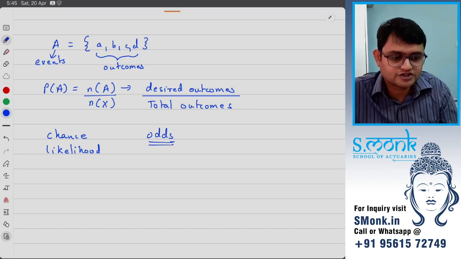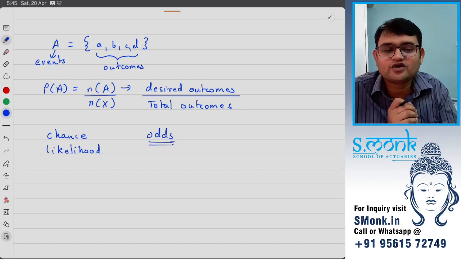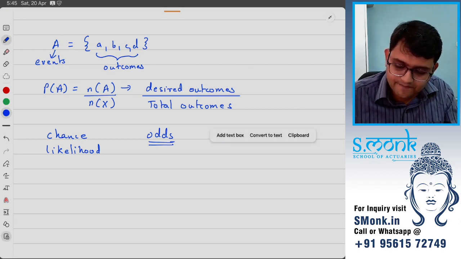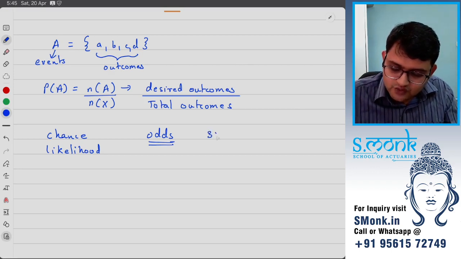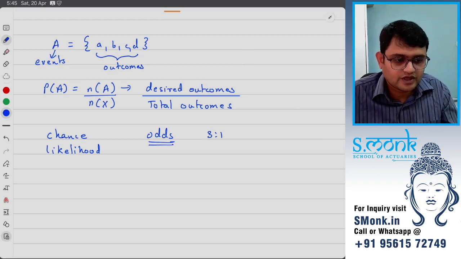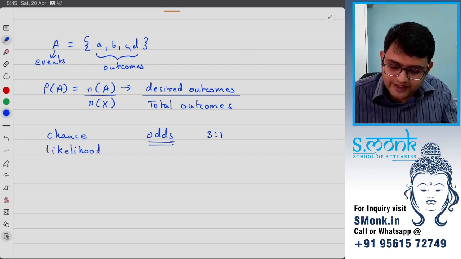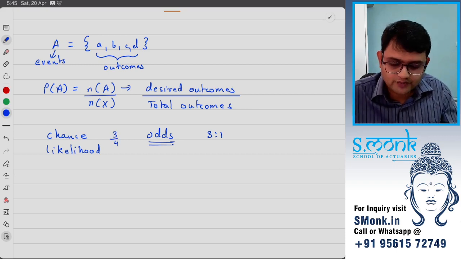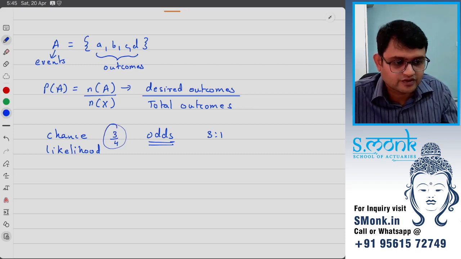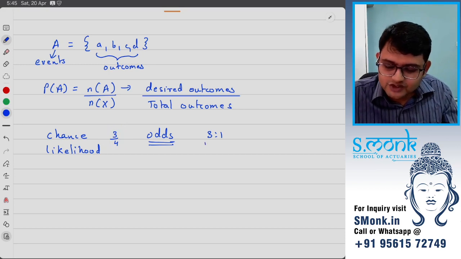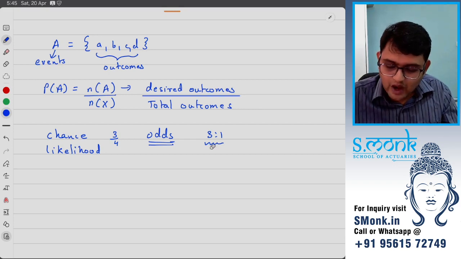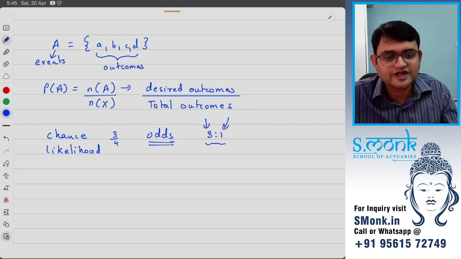You may have also heard the word odds. What are the odds? Now odds are slightly different from chance. If I say that the odds are 3:1, that means the chance is 3/4, or the probability is 3/4. So odds just represent all the possible chances. Out of 4, 3 times I will get success and 1 time I will get failure.